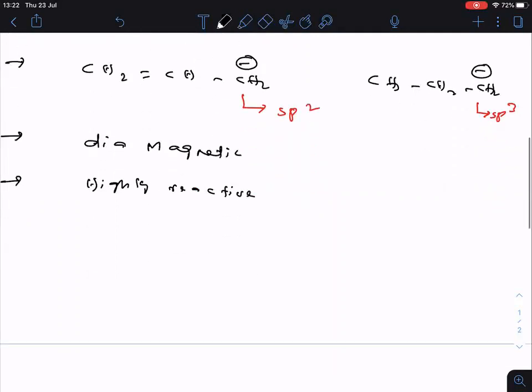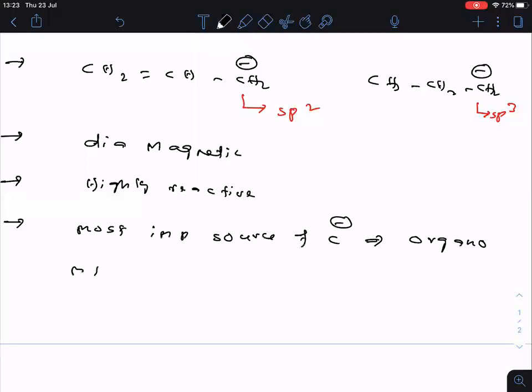Now the most important source of carbanion. From where will we mostly get carbanion?